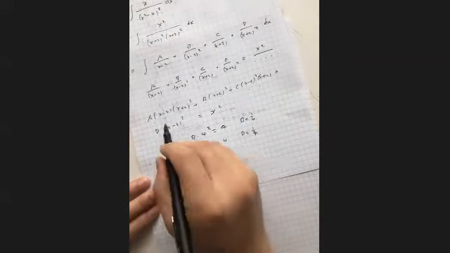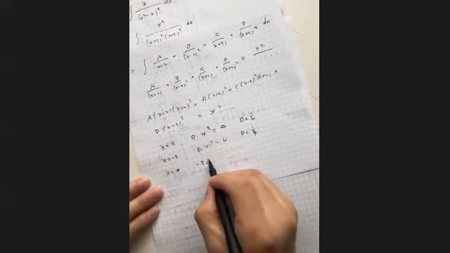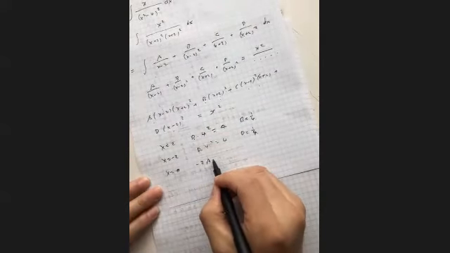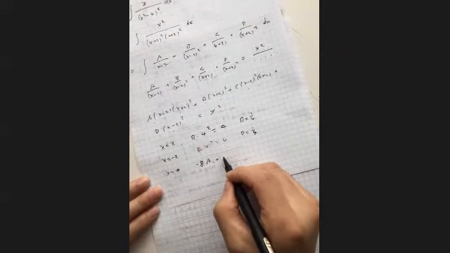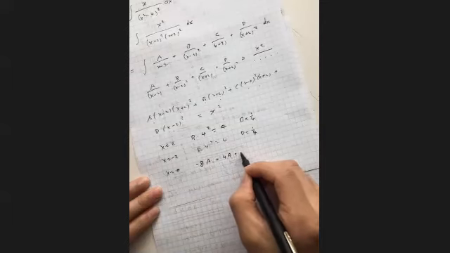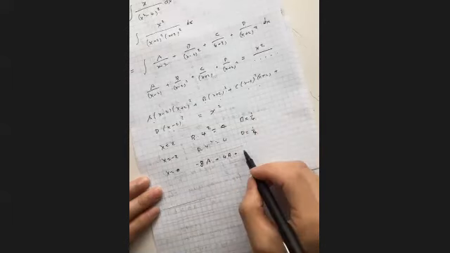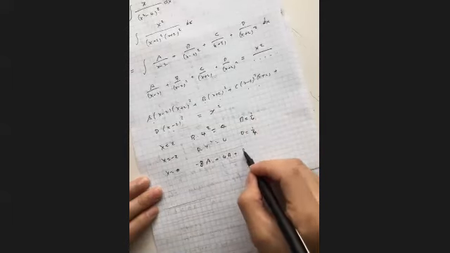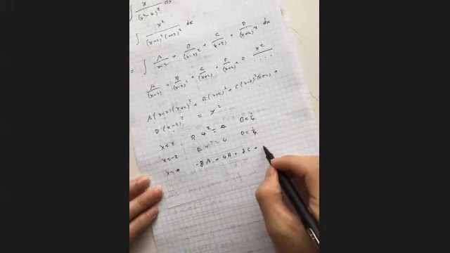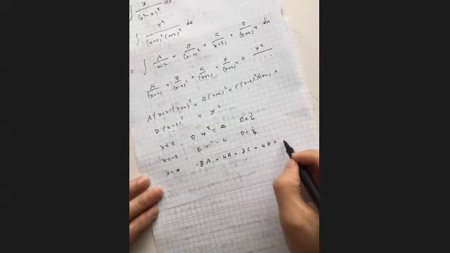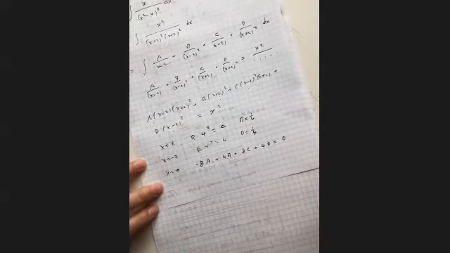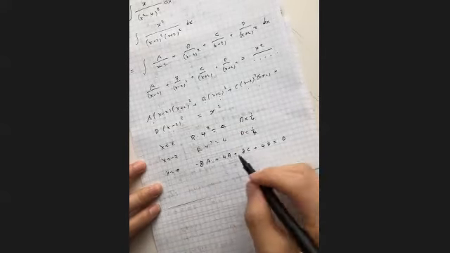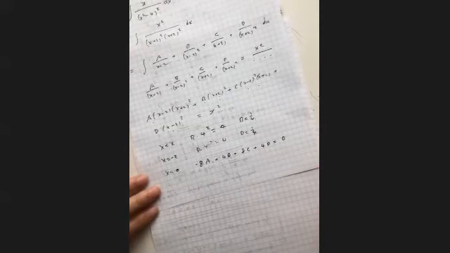If x equals 0, then you get minus 2A times 4, which is minus 8A, plus 4B, plus 8C, plus 4D equals 0.